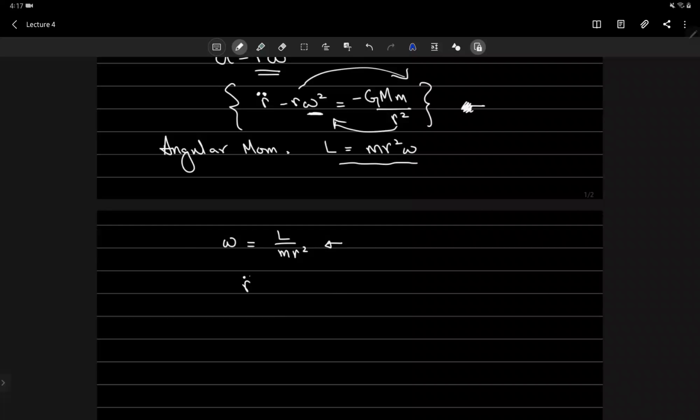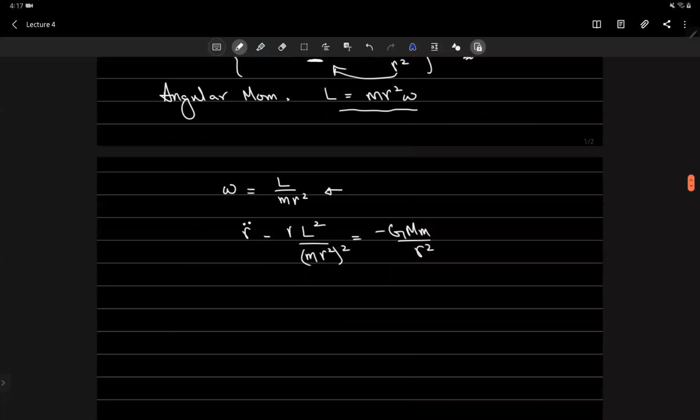r double dot minus r L squared over m r squared whole squared, right? And this is equal to negative gm over r squared, right?